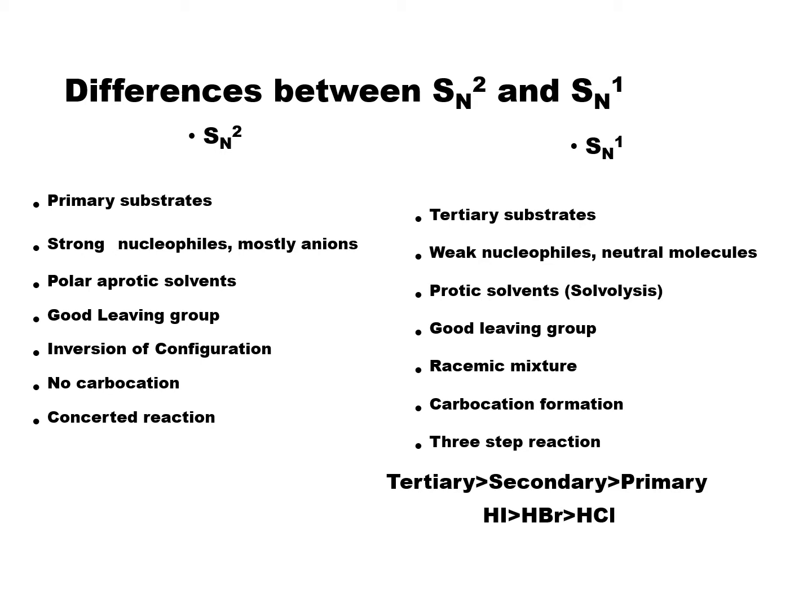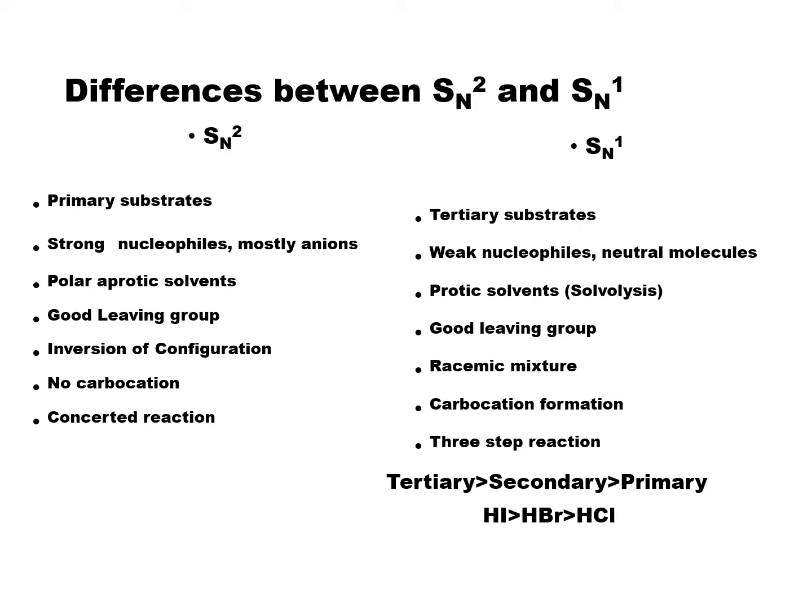However, if a given carbon atom is substituted by smaller atoms, like hydrogens, for instance in the case of methyl halide, or by one or two carbons in the case of ethyl chloride or isopropyl chloride, where two carbons surround that given atom, those kinds of structures are better to react by the SN2 reaction mechanism.